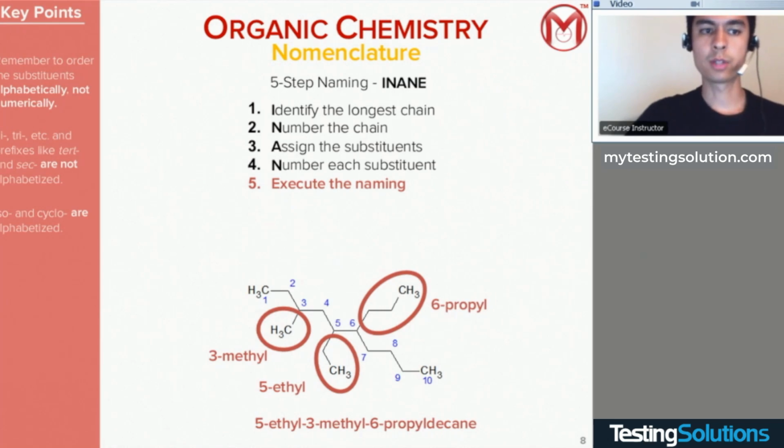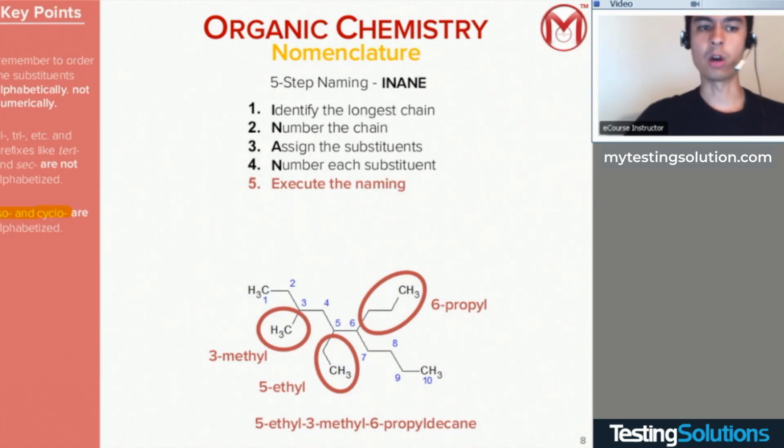Other rules that are important to keep in mind around alphabetizing the names is that certain prefixes are alphabetized, others are not. So iso and cyclo are alphabetized. Also neo, but you're not going to see neo on the MCAT, or at least you don't have to know it for the exam.